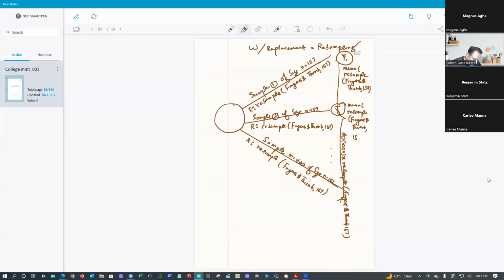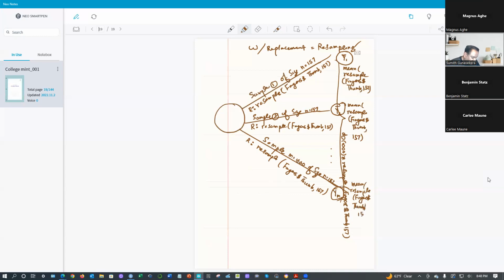That's the same thing we do over here: find the mean. If you need y bar m, mean of resample fingers dollar sign thumb, comma, 157, 460.